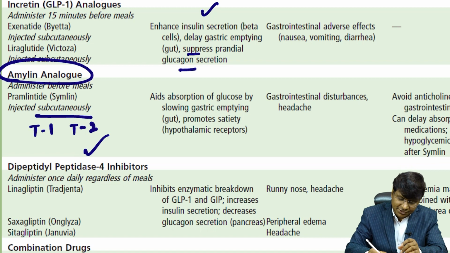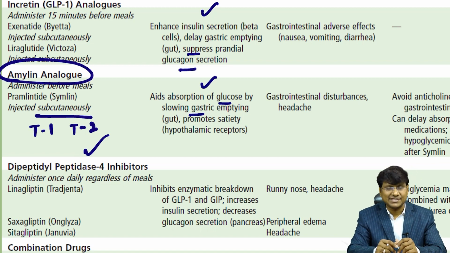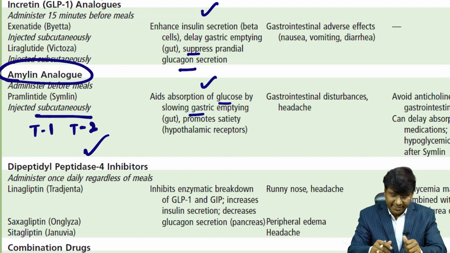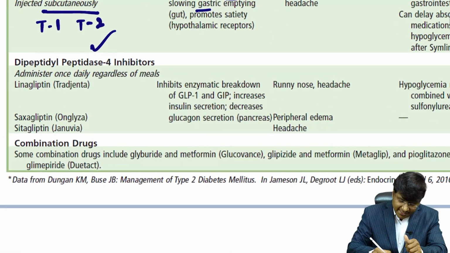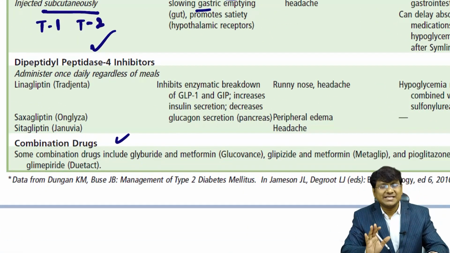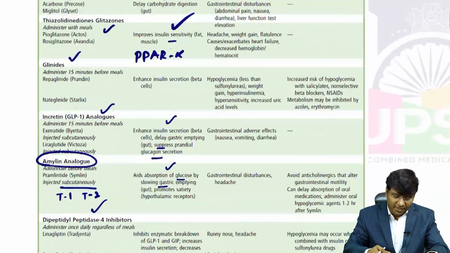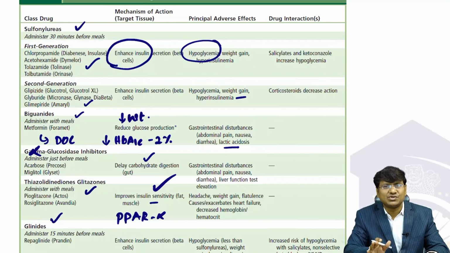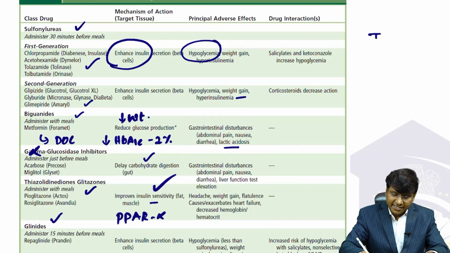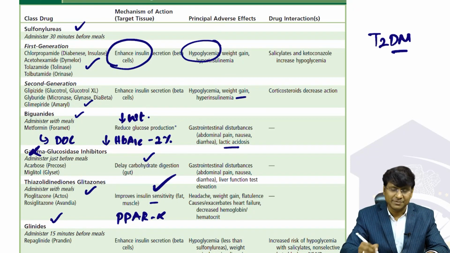What is the mechanism of action? It reduces the absorption of glucose by slowing gastric emptying, and it also promotes satiety. That is the effect of the amylin analogs. Next are the combination drugs. So this is the group of various drugs that we give in the treatment of type 2 diabetes mellitus.